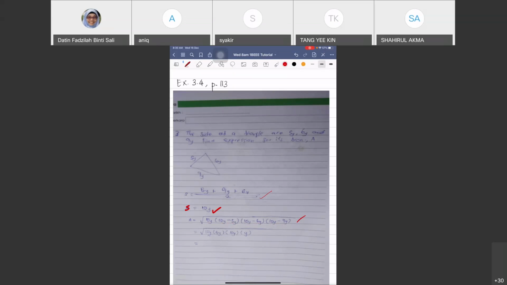Then it's just a matter of simplifying. This one is actually not complete yet.